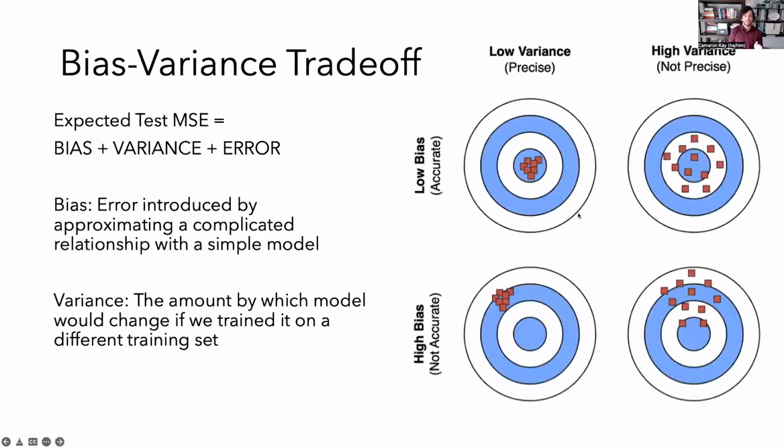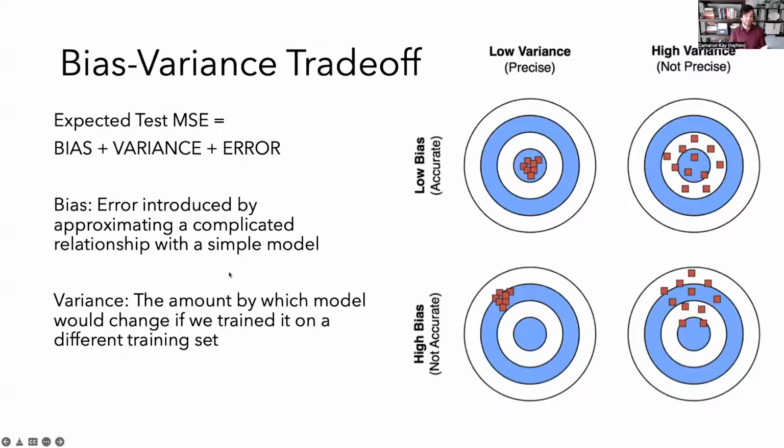So this difference is often called the bias variance trade-off. And the idea is that your expected test mean square error is going to be a combination of your bias, which is how poorly your model approximates the underlying relationship in the data, plus variance, which represents essentially how poorly your model generalizes to another data set, plus some error.